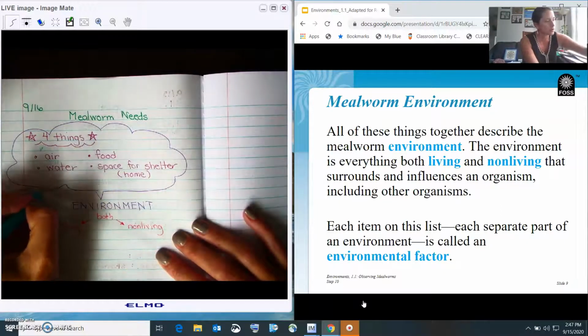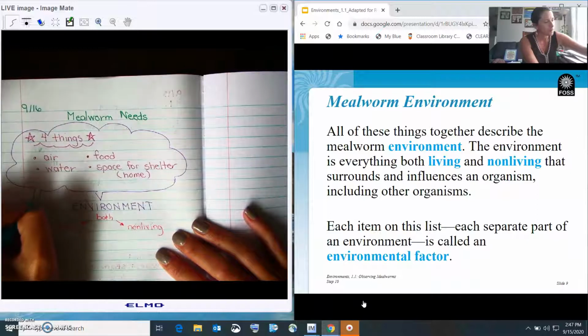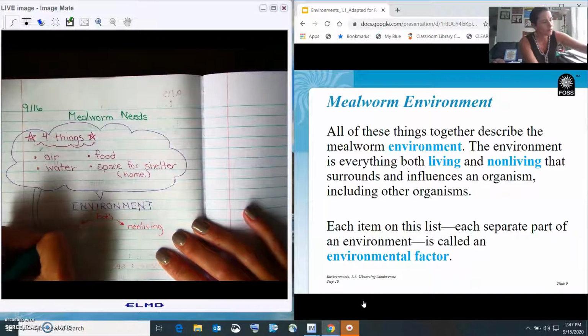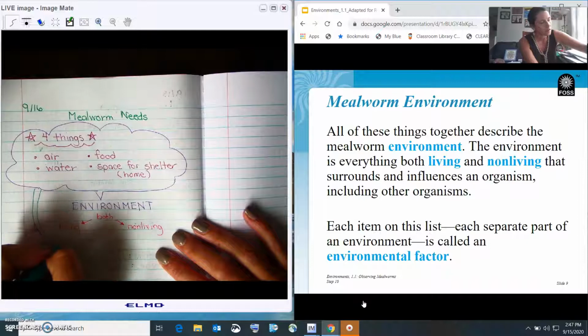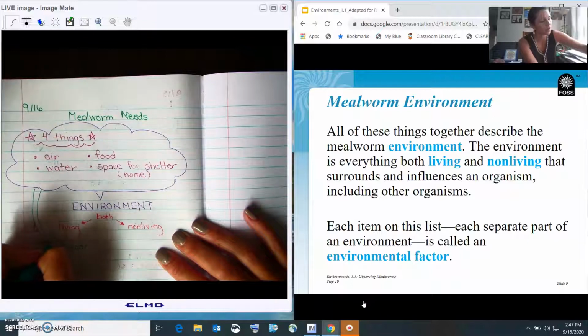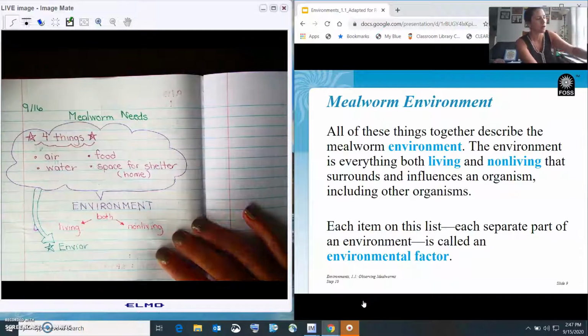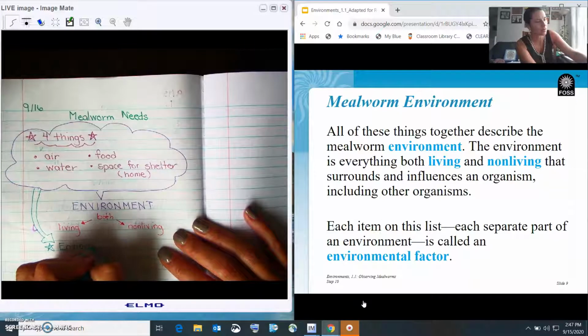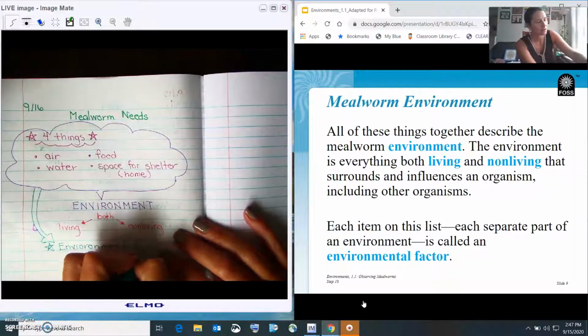I'm going to put a bigger arrow. This is going to be important, a word that I want you to really understand because we're going to talk about it: environmental factor.